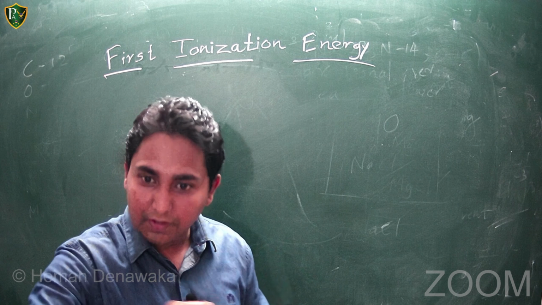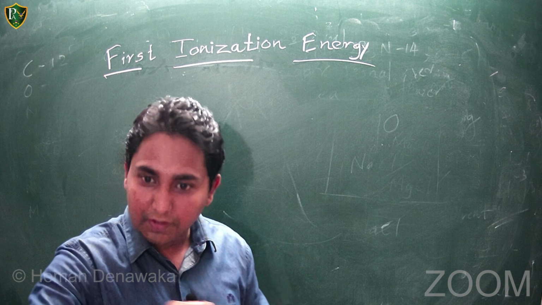After beryllium, the first ionization energy would decrease when you get to boron. The reason here would be beryllium is comparatively more stable than boron, it has a good stable electronic configuration. Therefore, the first ionization energy of beryllium is higher than boron.